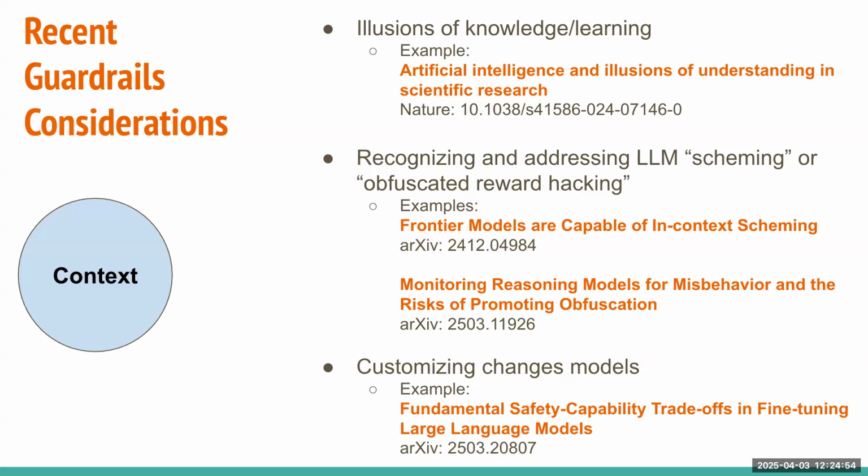It's also important to remember that when you customize models, you are often making safety trade-offs. They take a base model and then these companies, such as OpenAI or Google, do a lot of work to make it a model that's usable.